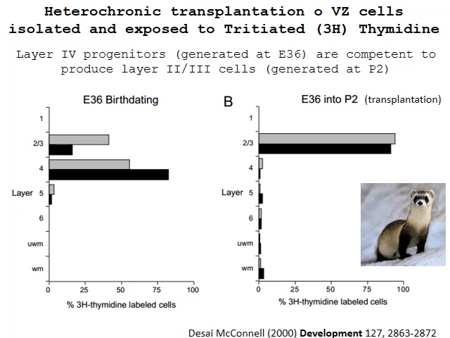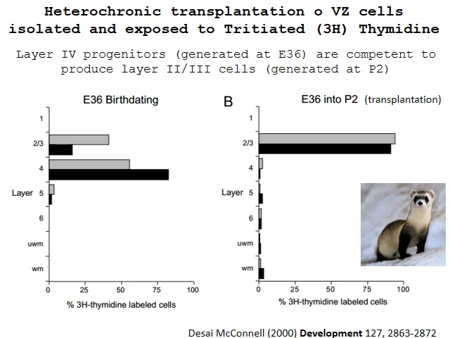The first approach has been that of heterochronic transplantation of ventricular zone progenitors in the ferret, that is this nice animal here. As you can see from this birth dating experiment, if you give tritiated thymidine at E36 in the ferret, you obtain cells that are mostly in layer 4 and to a lesser extent in layer 2-3.